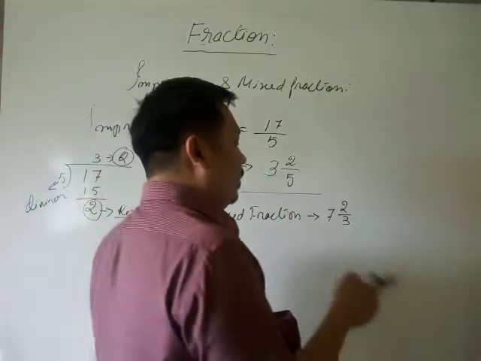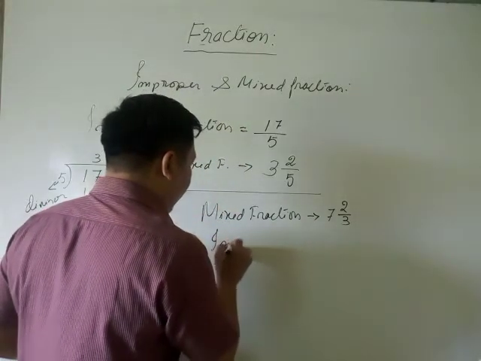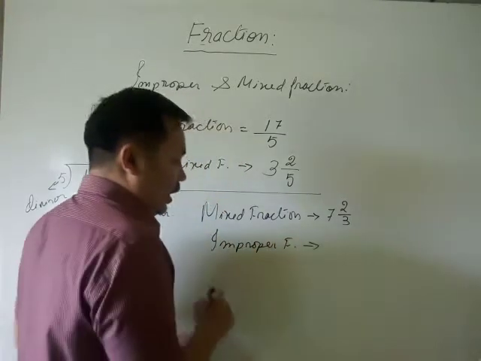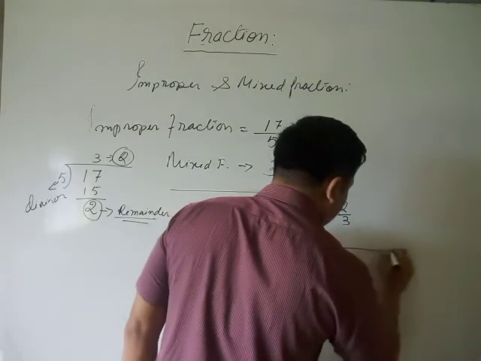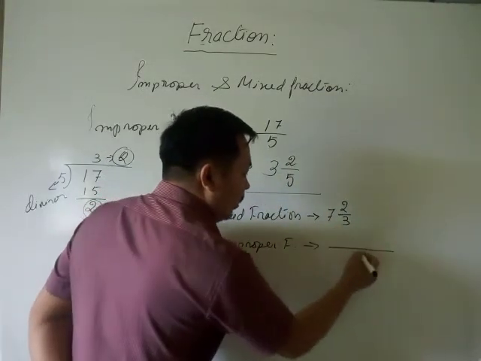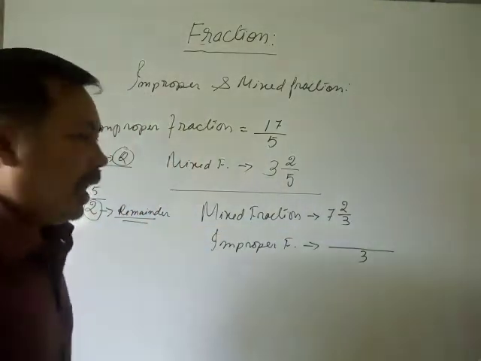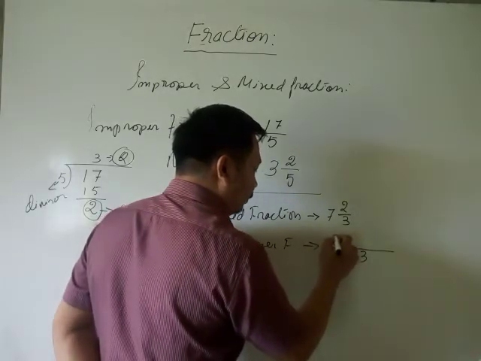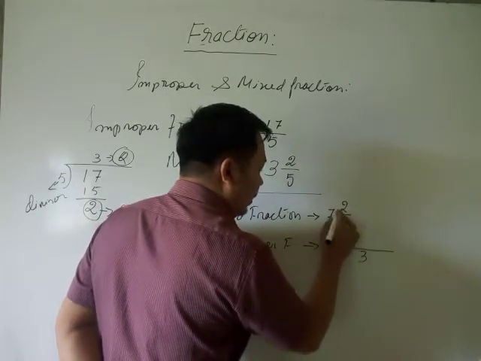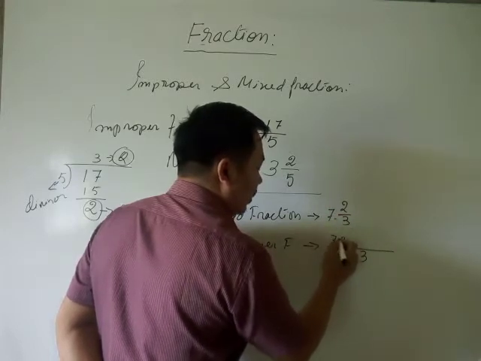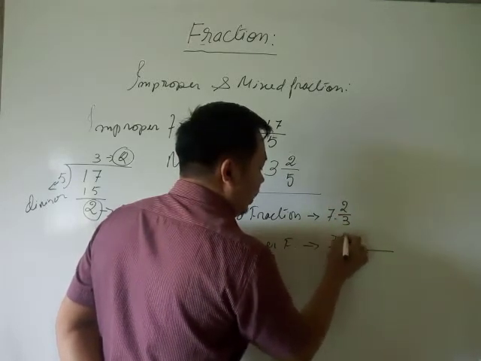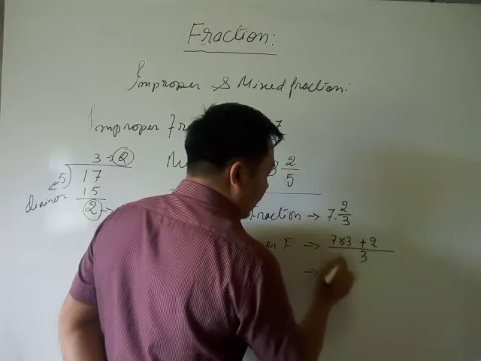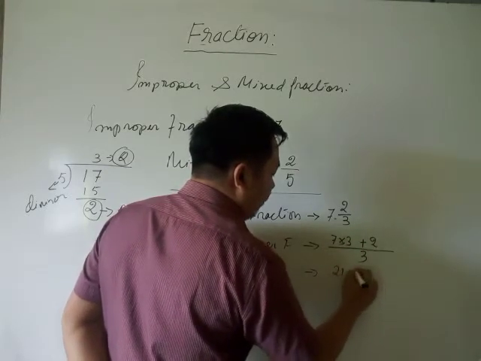Here we are going to convert this into an improper fraction. If we want to convert it into an improper fraction, just draw a little longer line. The 3 as the denominator, keep as 3. And on the top, in the numerator, we are going to multiply 7 and 3, and then add 2. So 7 into 3 is 21, plus 2.